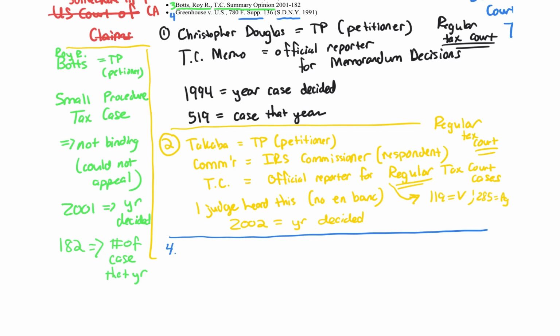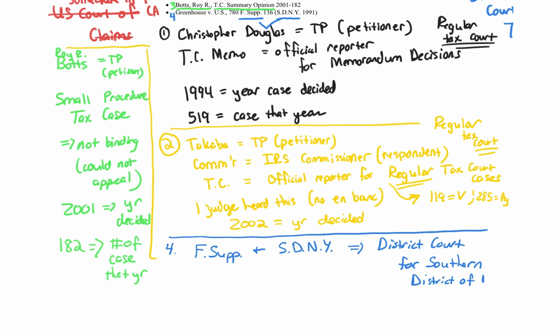This one, based on these two things together, the Federal Supplement, first edition, and the SDNY, which means Southern District of New York, together you know that's in the district court for the Southern District of New York.